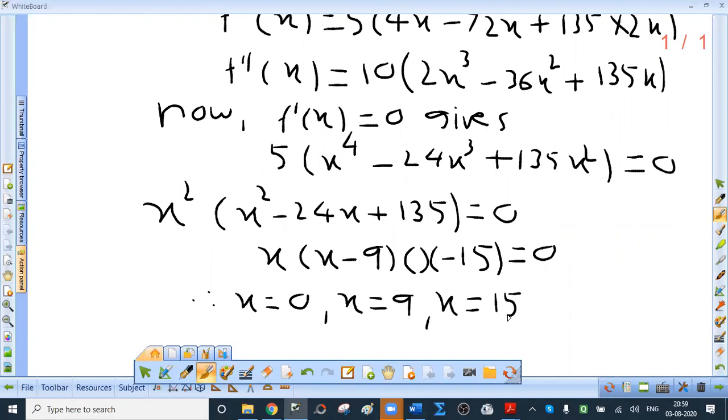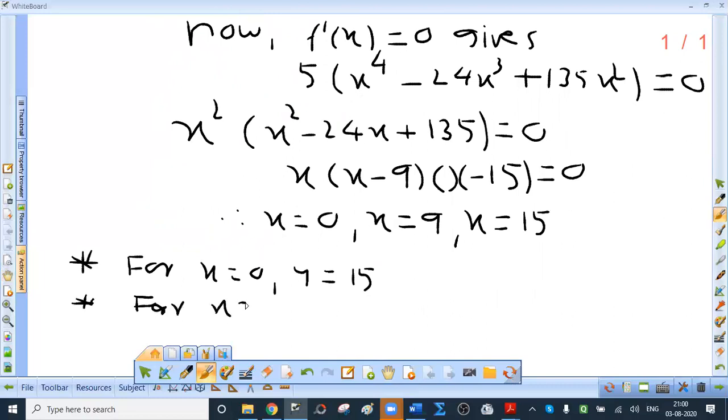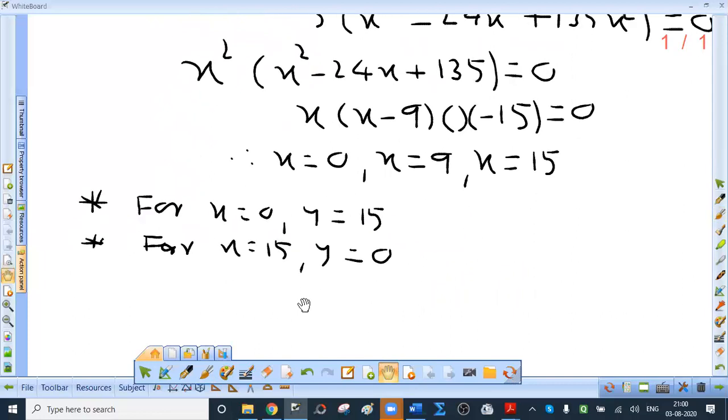Now, can we consider all the three values? Let us examine. For x equal to 0, y equal to 15. For x equal to 15, what is y? 0. So what will be the product? Therefore, product is nothing but 0.